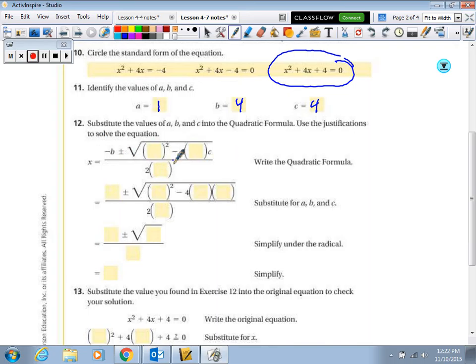So we're going to go ahead and substitute in. B squared, so 4 squared minus 4ac over 2 times a. Whoops, and that is not a. A is 1, right? Okay. Probably should have paid a little closer attention.